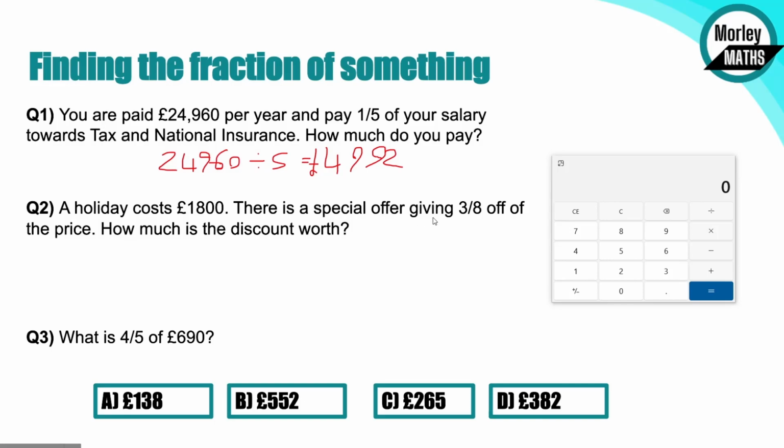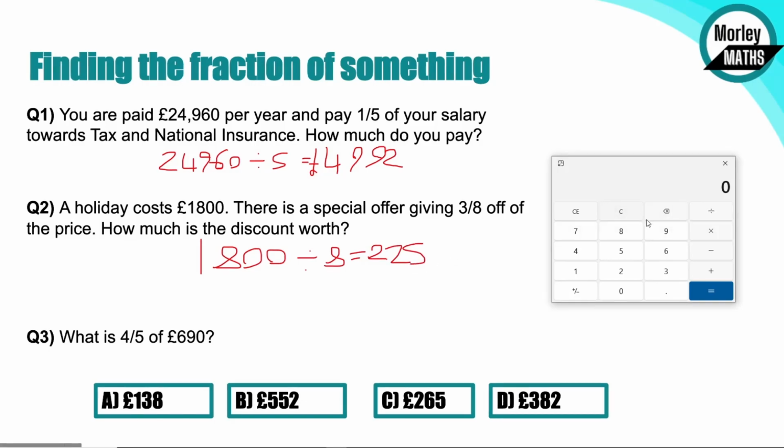Okay, so the next question: a holiday costs £1,800. There's a special offer giving 3/8 off the price. How much is the discount worth? So we're not finding out what the new price is, we want to know how much is going to come off. First of all, we need to divide our 1,800 into those 8 parts. That will give us the value of one of those parts. I'll show you that on the calculator.